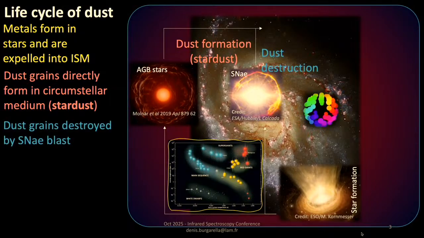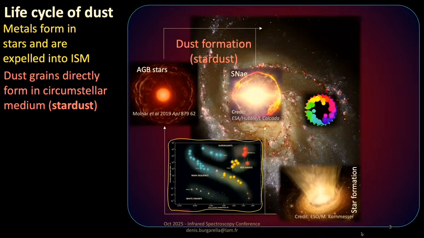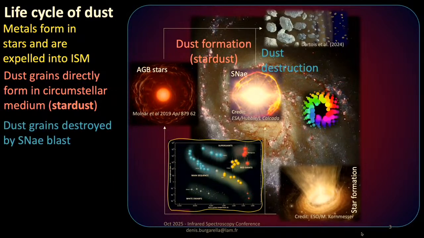Via the reverse shock of the supernovae, you can also have some dust destruction that can destroy a lot of the dust, 90, 95% or more, depending on various papers, sometimes less. But all this dust goes into the interstellar medium with various properties, size, and composition, depending on what you have.